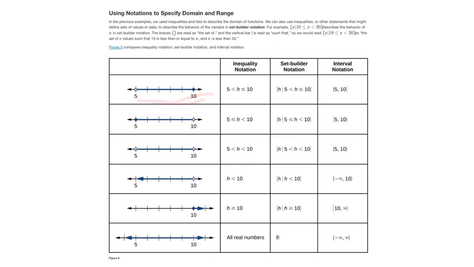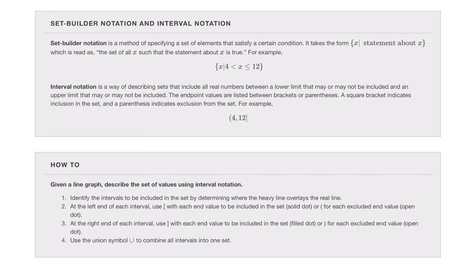So set builder notation is a method of specifying a set of elements that satisfy a certain condition. It takes the form: the set of all x such that the statement about x is true, right? So for instance, the set of all x such that 4 is less than x, which is less than or equal to 12.